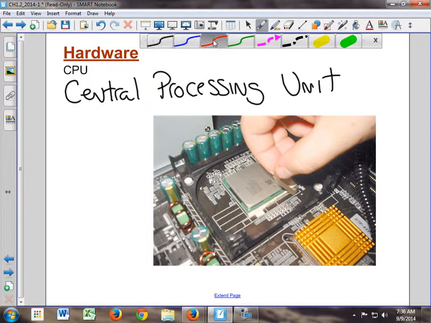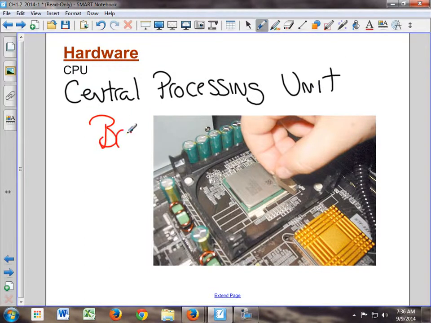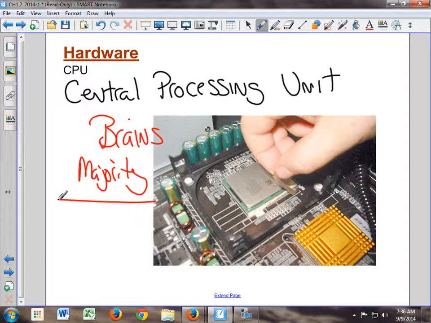The CPU, or central processing unit, is the brains. It's where a majority, and not all, a majority of the calculations happen. There are other places where calculations happen, like your video card.